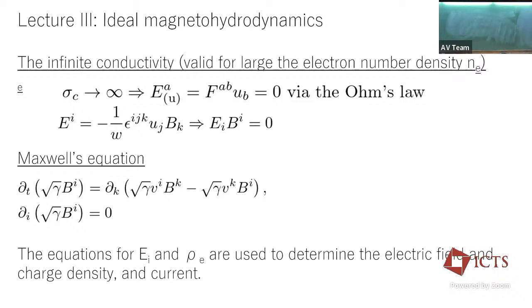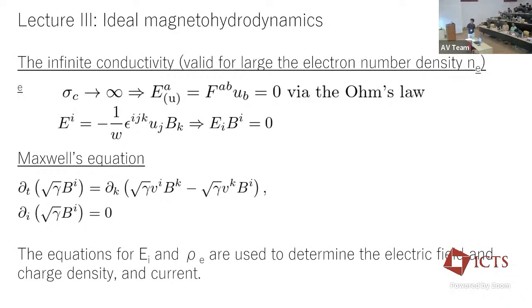Because we know F_AB is also written in terms of the upper E^A and the upper B^B, which are measured in the hypersurface, now you can derive the relation between the electric field E^i and B^k, something like this, by equating this one.